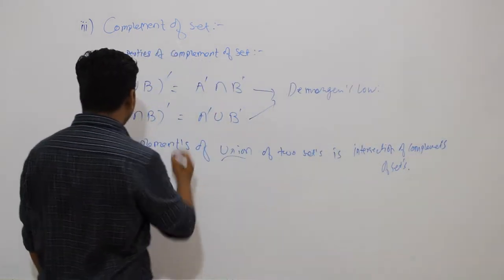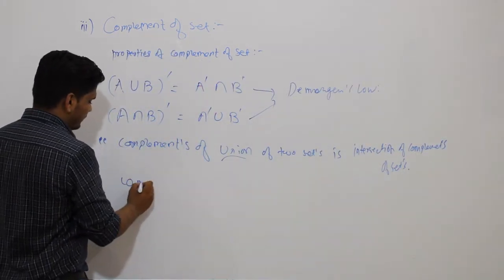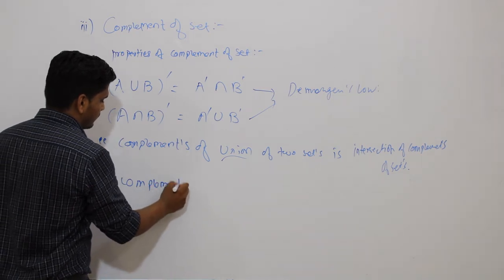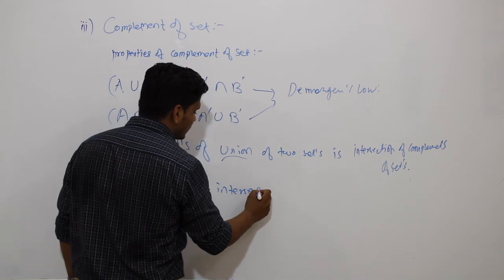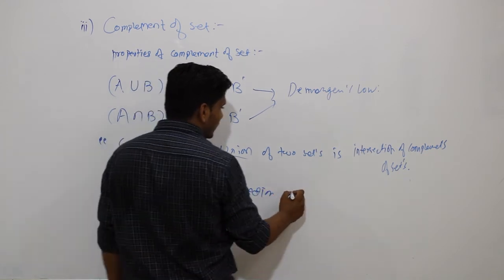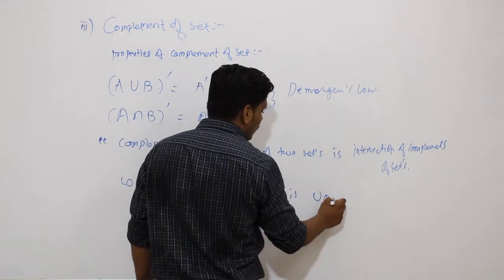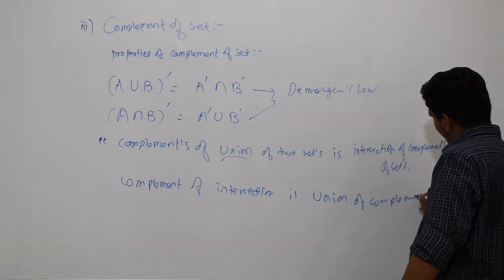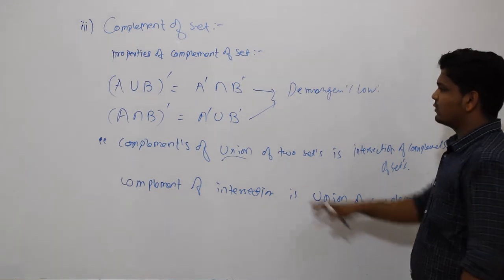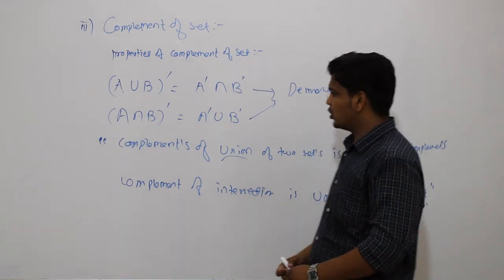Next thing is the complement of an intersection is the union of the complements. This is also called your De Morgan's law.